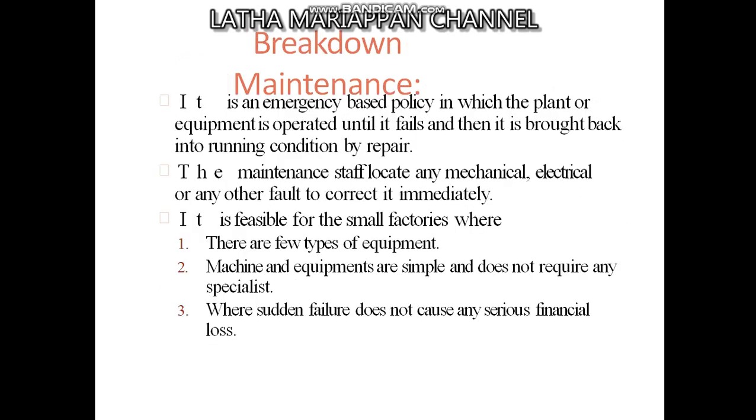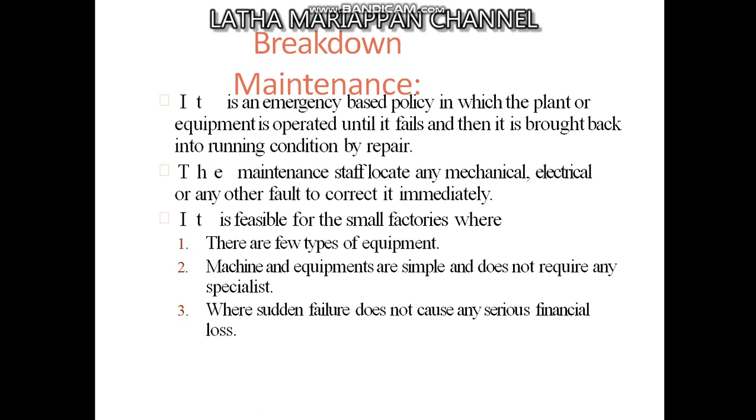So what is breakdown maintenance? It is an emergency-based policy in which the plant or equipment is operated until it fails, and then it is brought back into running condition by repair. Once the machine breaks down, they bring it back into running condition after repairing.